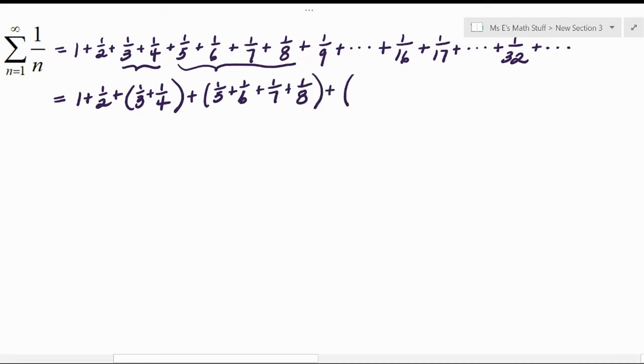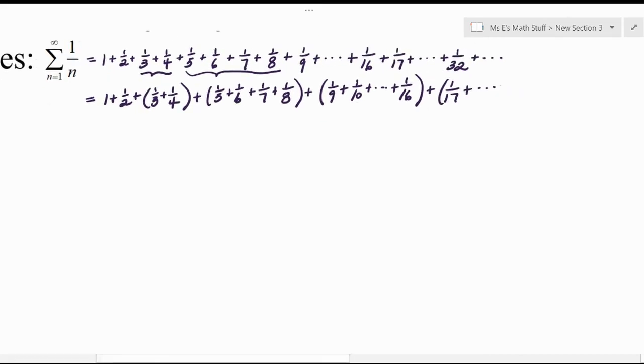And then I'm going to group 1/9 all the way out to 1/16, and then 1/17 all the way out to 1/32. And I could keep going in that manner forever and ever and ever. But now let me tell you what I'm up to.